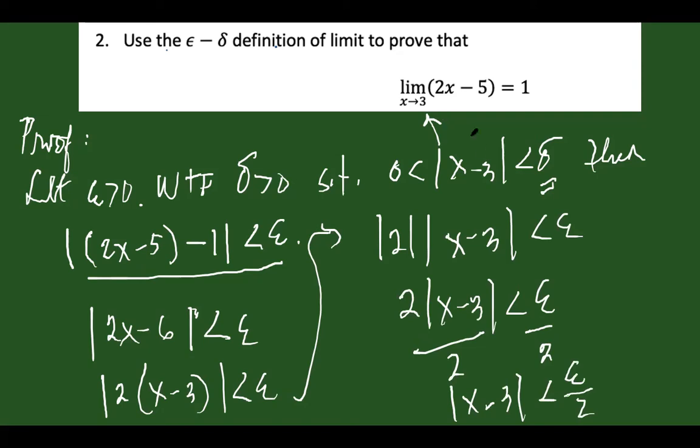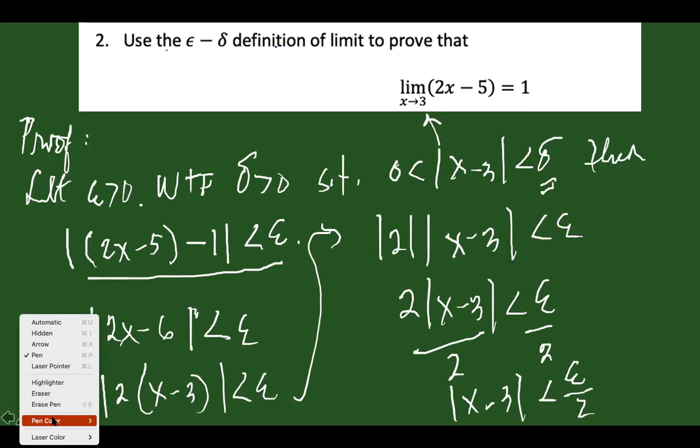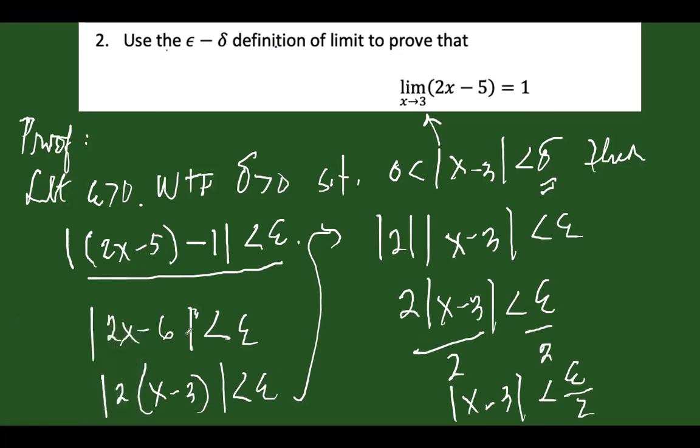So in this case, we could say that with the use of the given here, we have the absolute value of x minus 3 less than delta, and we have epsilon over 2, which implies that delta is equal to epsilon over 2.